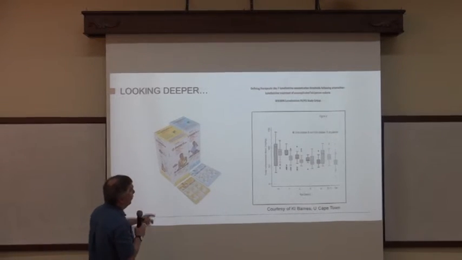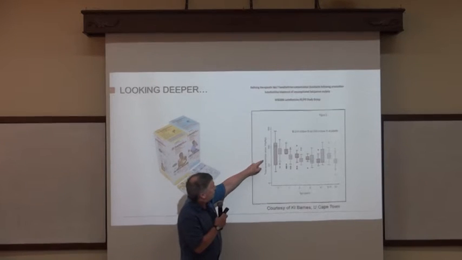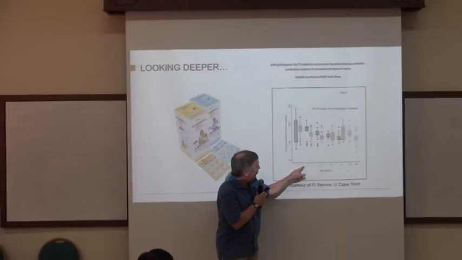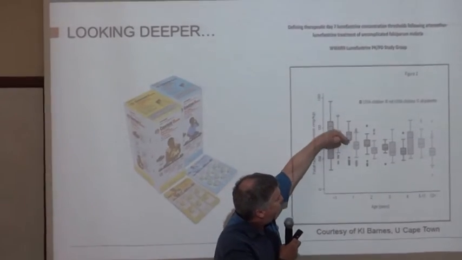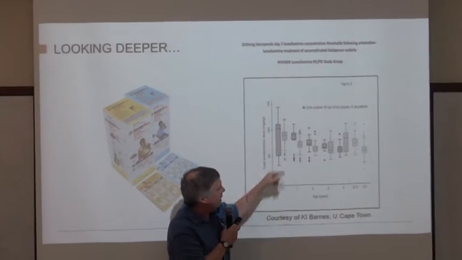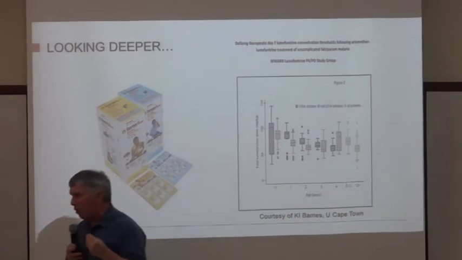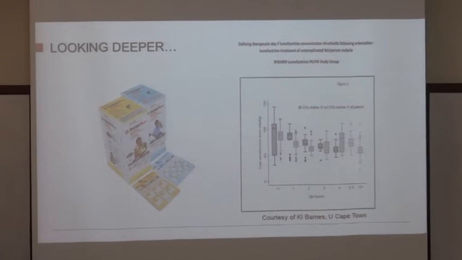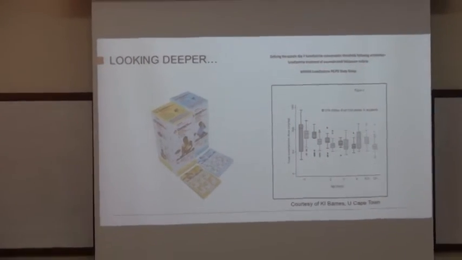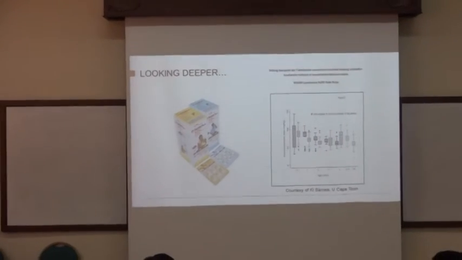But notice what we're looking at now. There are bars here, a darker bar and a lighter bar. The darker bars are kids who are underweight for age. So they're kids who are lower in body weight for their age.